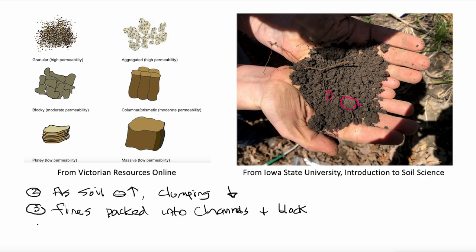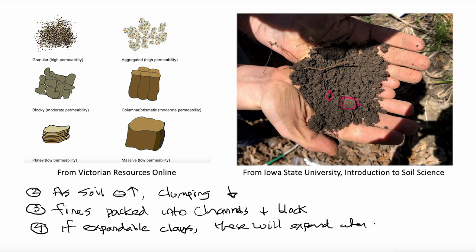We also could have, in some soils, certain kinds of clays which, when they get wet, expand. They're called expandable clays, a specific type of clay mineral. These will expand when wet and further clog openings.